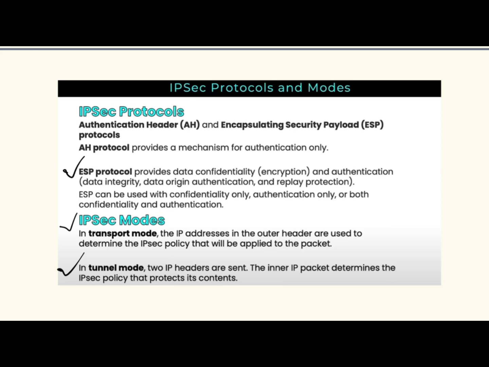So here we include the IP header also. So the IP header and the original content are also encrypted. So site to site tunnels between branch offices, client to site tunnels for remote workers. So whenever the data is transferred over an insecure medium, that protocol is preferred.